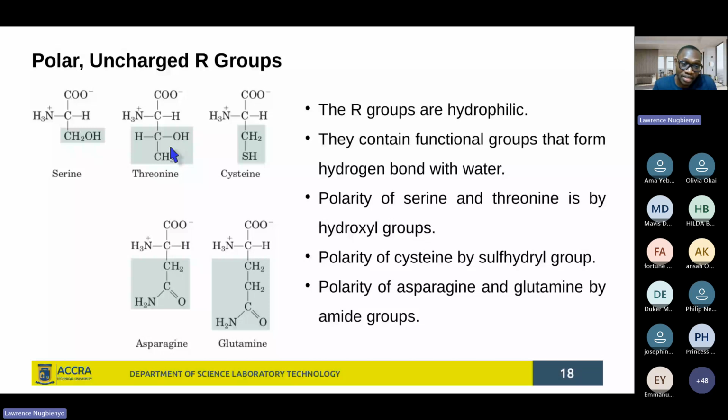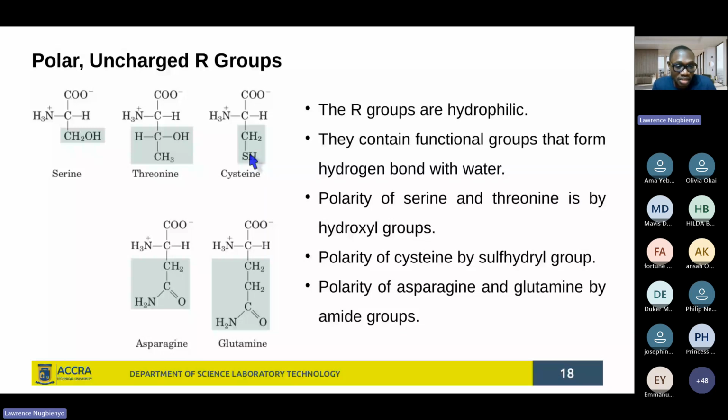Now remember I said there are two amino acids with sulfur in them, and we saw one which was methionine. You are now seeing a second one, which is cysteine. So cysteine has a side chain, CH2SH, and that sulfhydryl group is responsible for the polarity of that amino acid.